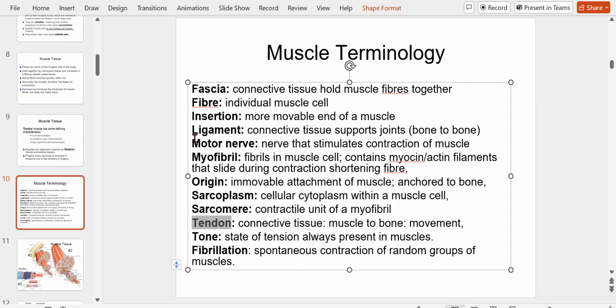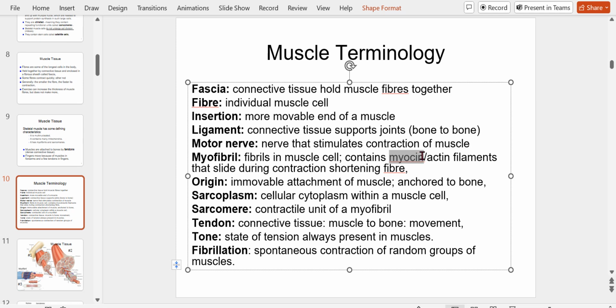For movement, you're going to hear about a motor nerve. Motor means moving. So these are nerves that are involved with moving, nerves that stimulate contraction of muscle. Myofibril. Now we're getting into the microscopic. These are fibrils in muscle cells. They contain myosin and actin, thick and thin filaments.